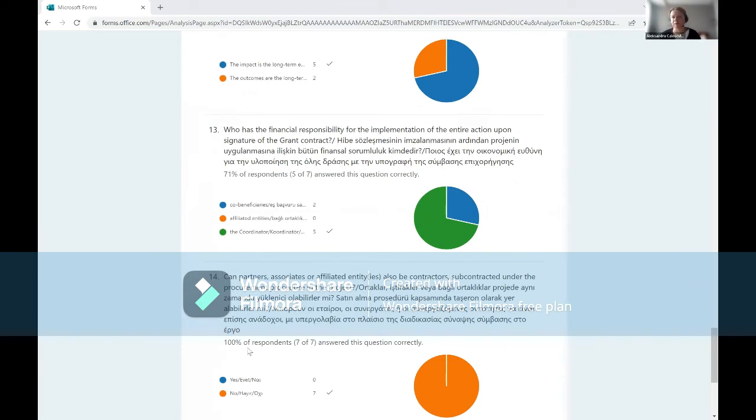Of course, as partners, you're collaborating together and you bear the responsibility for a successful implementation of the project, but at the end, you also need to understand that the lead applicant's bank account is going to be used for the payment of the money, and they are collecting all the documents. You are not sending 2 reports to the commission, you are sending 1 report. So the lead applicant has this ultimate responsibility for the implementation of the action.